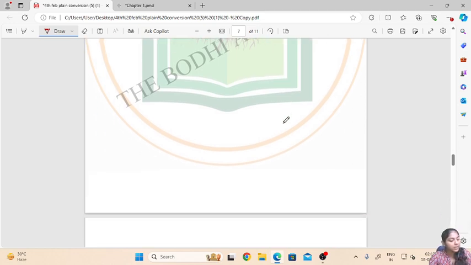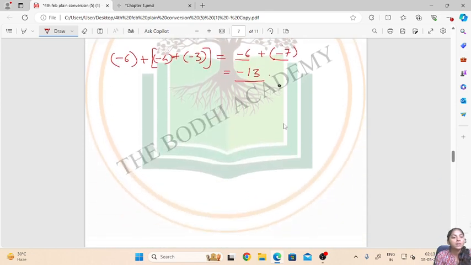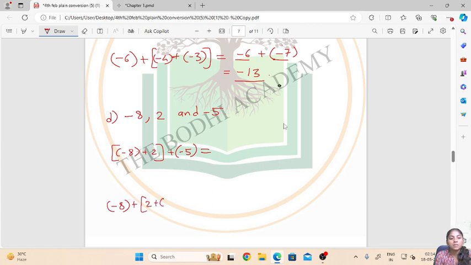Then again we will consider another 3 integers for our next example. We will take minus 8, 2 and minus 5. So let us try to solve this. We will have first (minus 8 plus 2) plus minus 5, and then we will have minus 8 plus (2 plus minus 5).